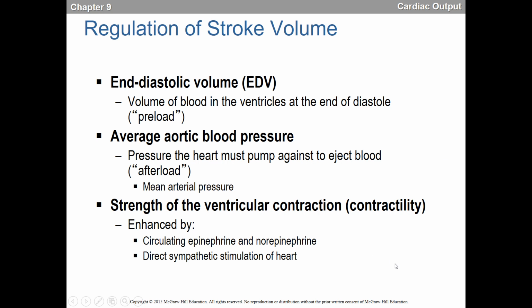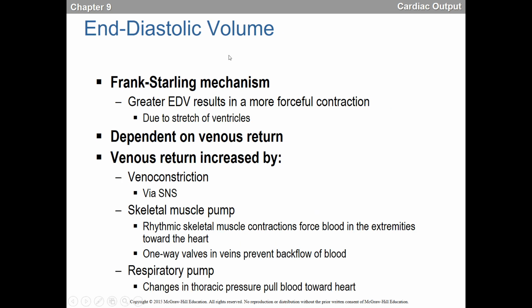There's also another aspect, strength of ventricular contraction. This is related to the cardiac accelerator nerves, how much circulating epinephrine, norepinephrine, and sympathetic stimulation there is. If there is more sympathetic stimulation, there is going to be more stroke volume being pumped out.